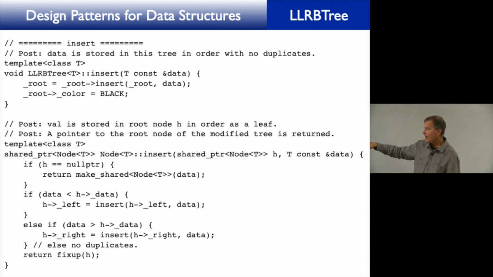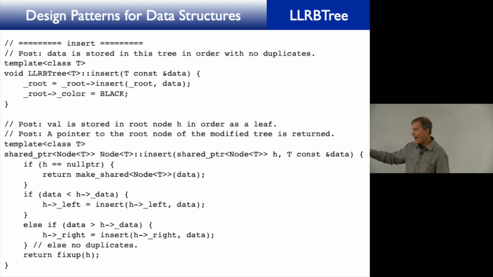Are you with me? Now look at this. If data is less than H arrow data, we just do what? H arrow left gets insert left, H arrow left comma data. Do you see how that's working? Else if data is greater than H arrow data, are you with me?